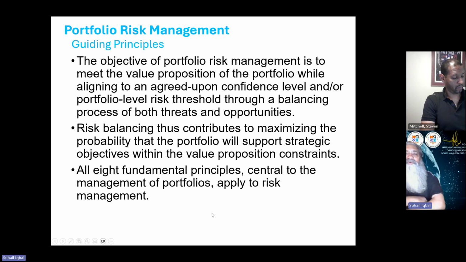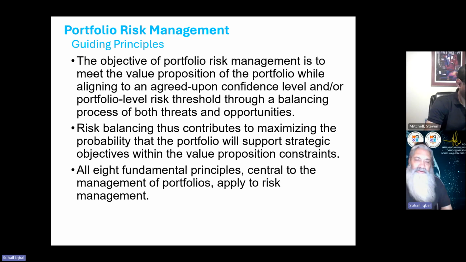The objective of portfolio risk management is to meet the value proposition, as we said, of the portfolio while aligning to an agreed upon confidence level and our portfolio level risk threshold through a balancing process. This definition we have talked about. Risk balancing thus contributes to maximizing the probability that the portfolio will support strategic objectives within the value proposition constraint.